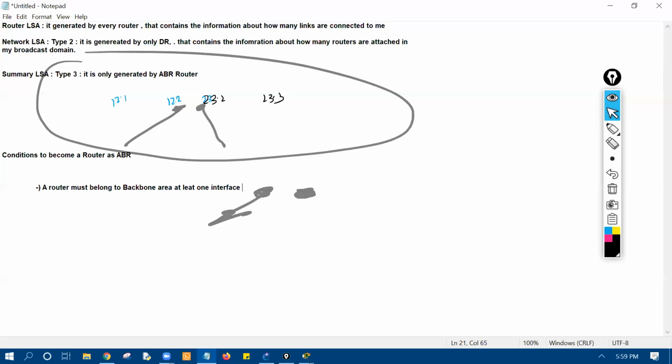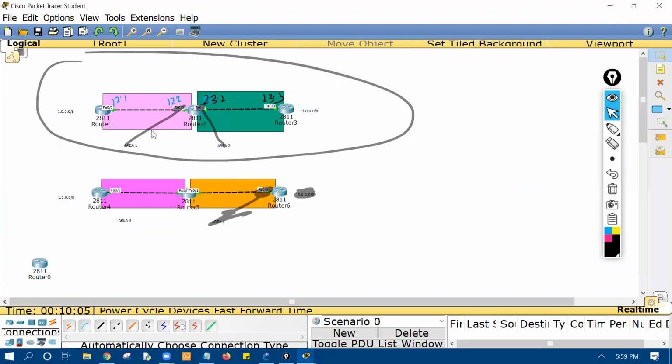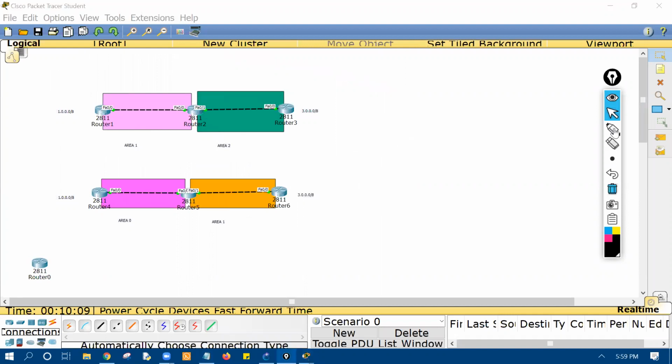At least one interface belongs to the area number 0. So do we have any interface that belongs to area 0 over there? No, area 1, area 2. So in this case, do you know what happened? This one, this case, first case.